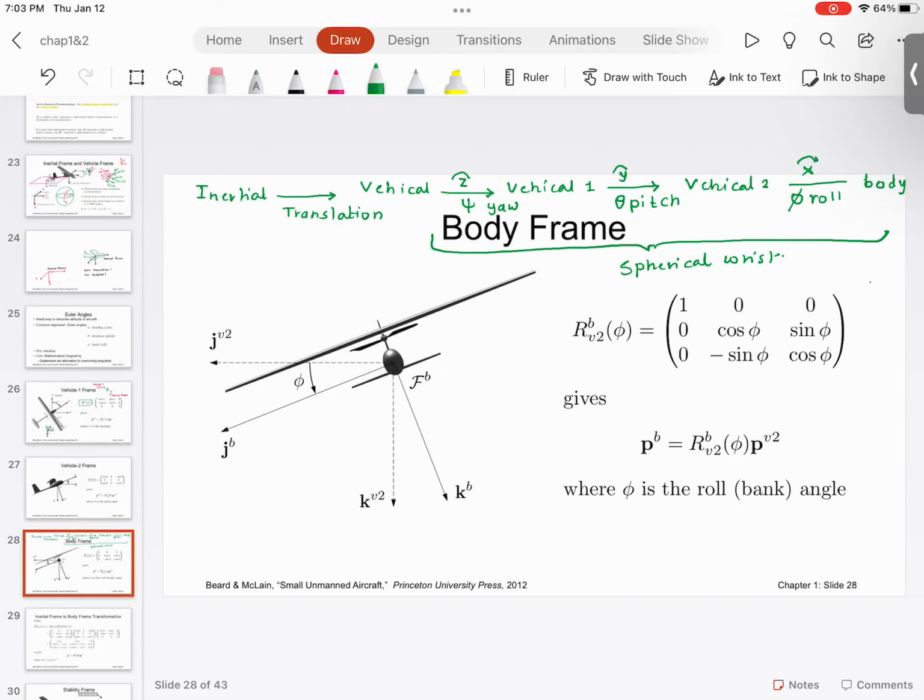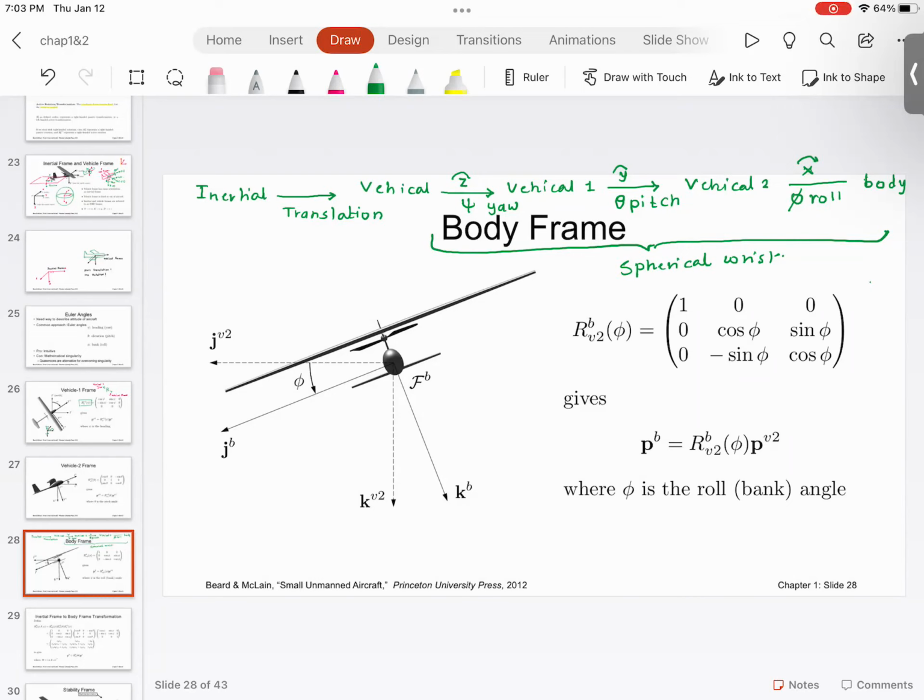But again, the sequence of transformations that I'm assuming: the aircraft first yawed, vehicle to vehicle 1 frame. The aircraft then pitched, vehicle 1 to vehicle 2 frame, and then the aircraft rolled, and that is the final orientation of the aircraft, the body frame. Everyone understood this? Yes.